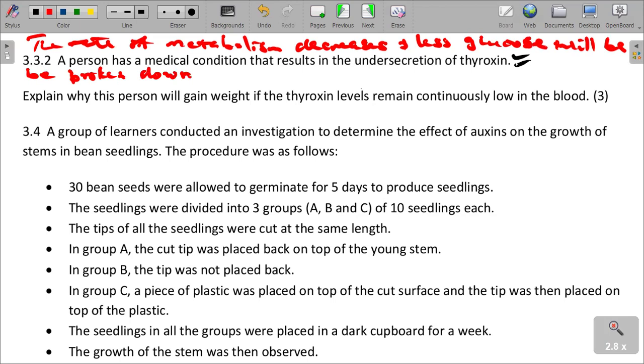Less glucose will be broken down, and more glucose will be converted and stored as what? As fat.